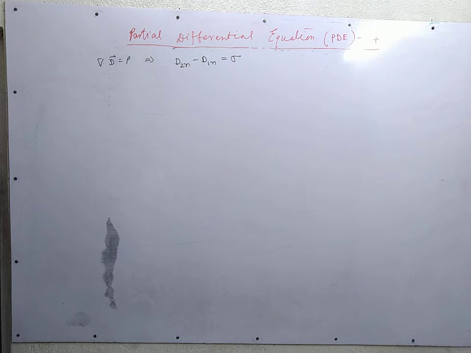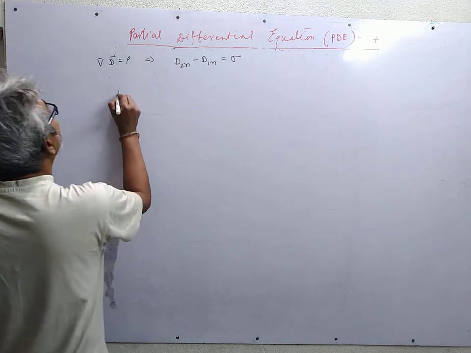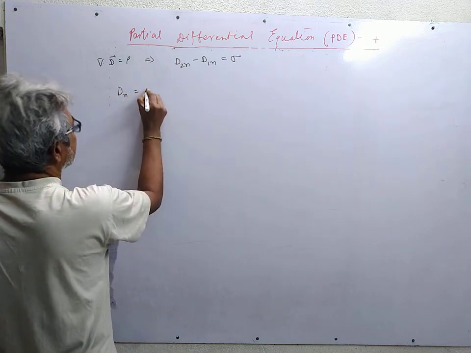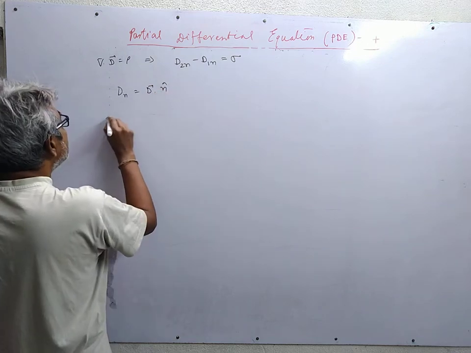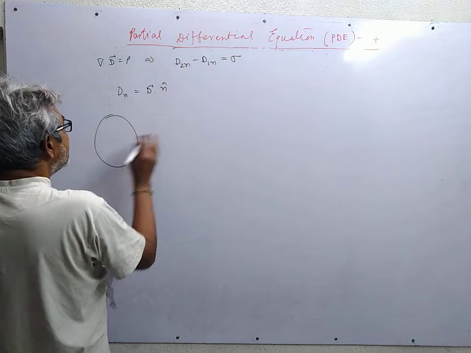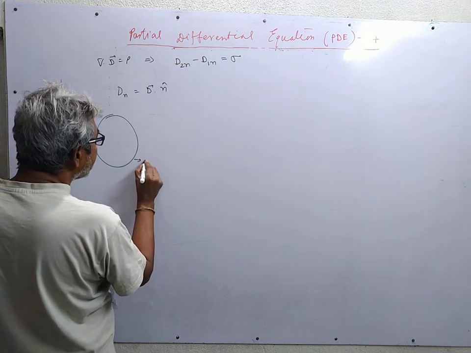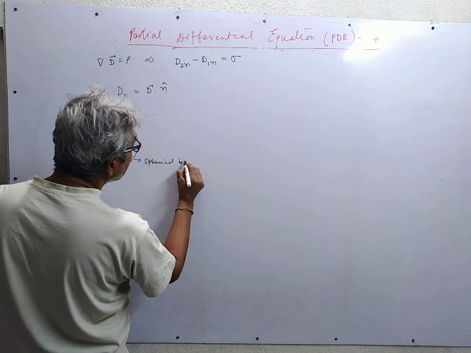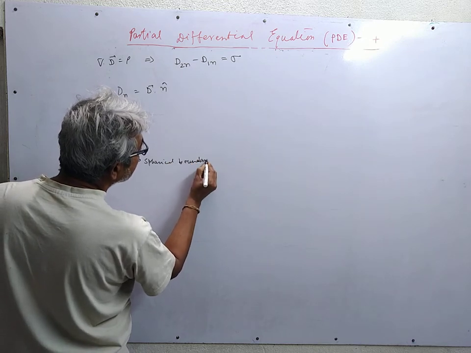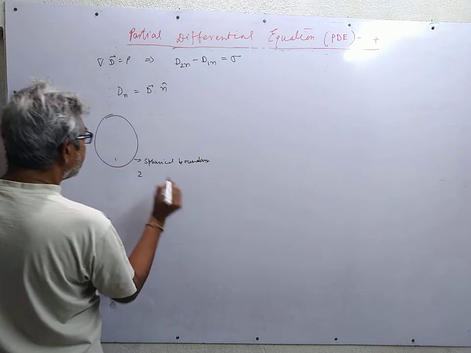Now for the surface, when the interface is a spherical one, the normal component Dn is defined as vector D dotted with the normal to the boundary. So if we have two regions separated by a spherical boundary, this is region 1 and region 2.